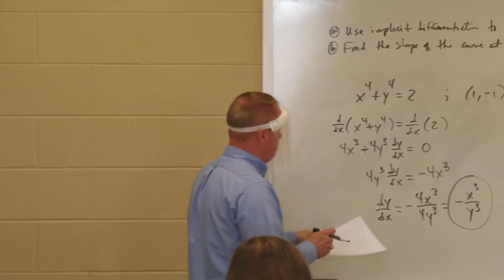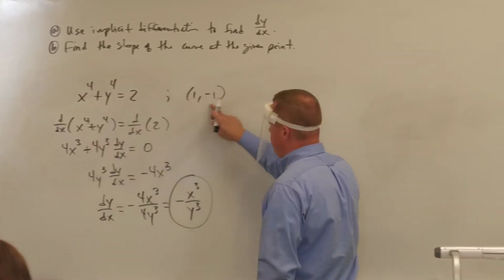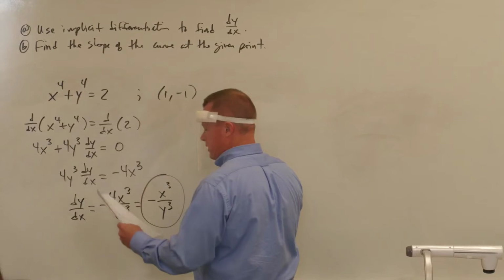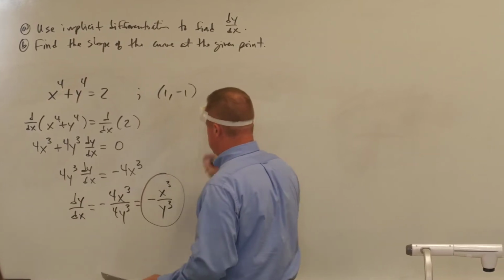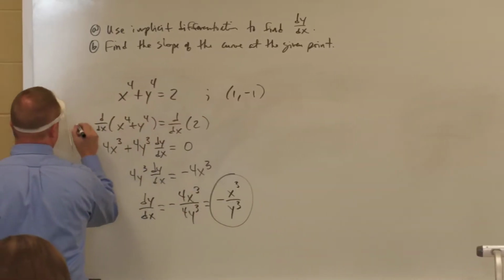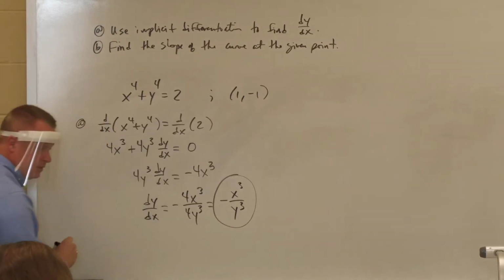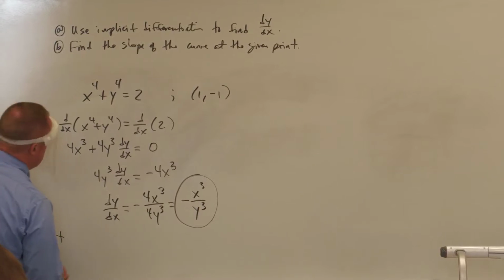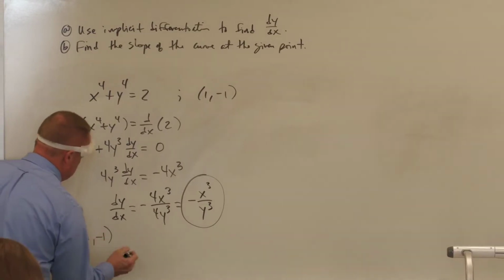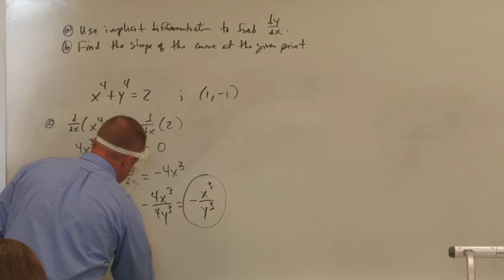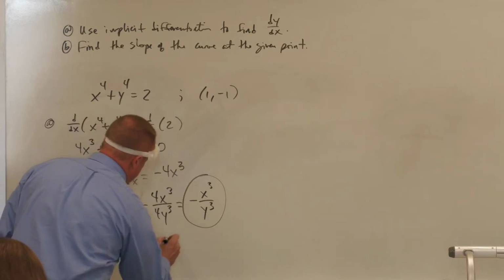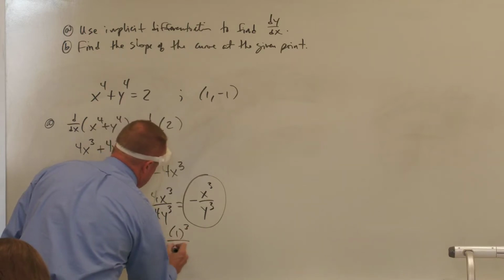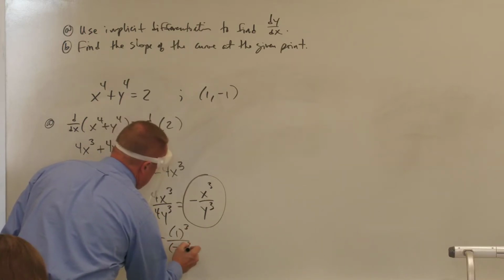So if I want to find the slope of the tangent line at this point for this function, then I would just take this. Let me do this, A part, B part. Can you see? So at the point 1, negative 1, dy dx is equal to negative 1 cubed over negative 1 cubed.